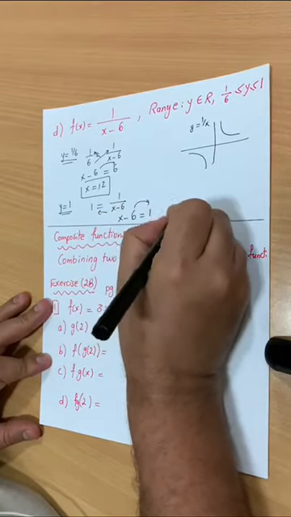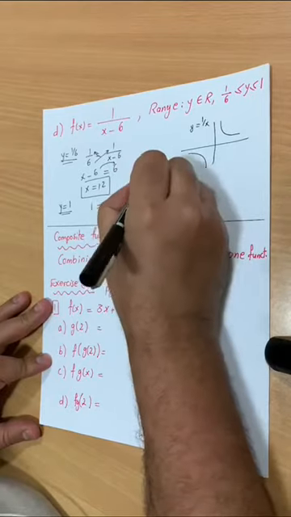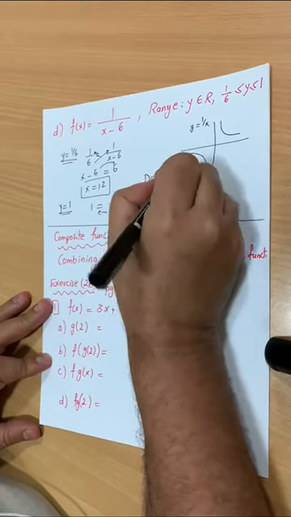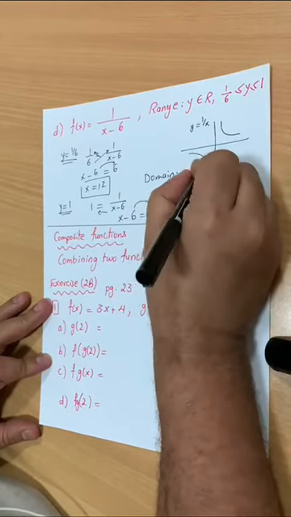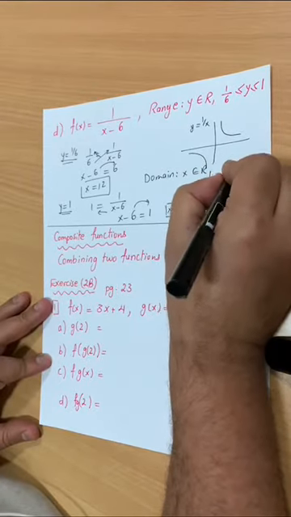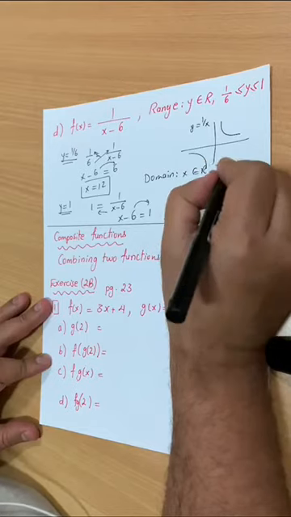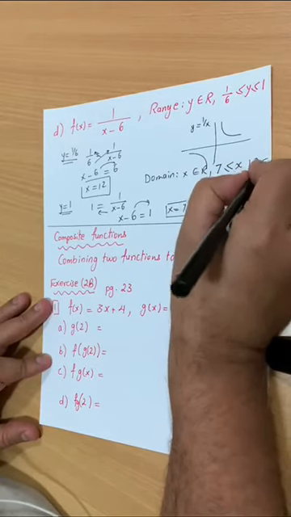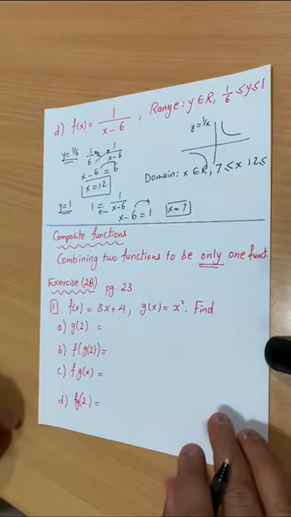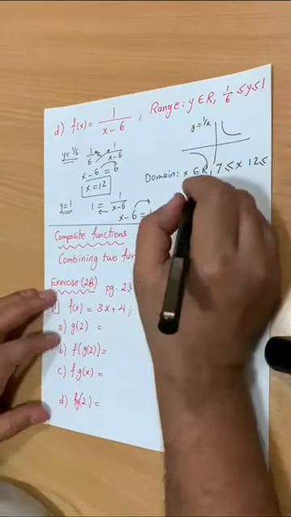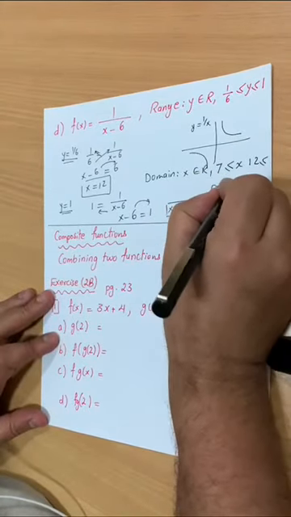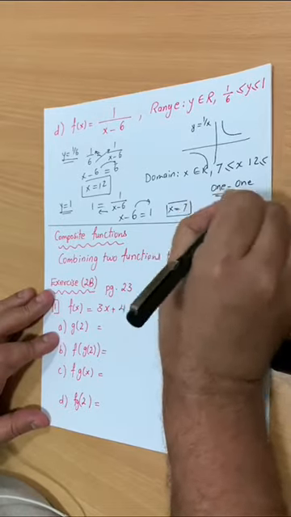Then x is equal to 7. So you have to say that domain: x belongs to R and x between 7 to 12. This is the range, and we have to say that it's 1 to 1.